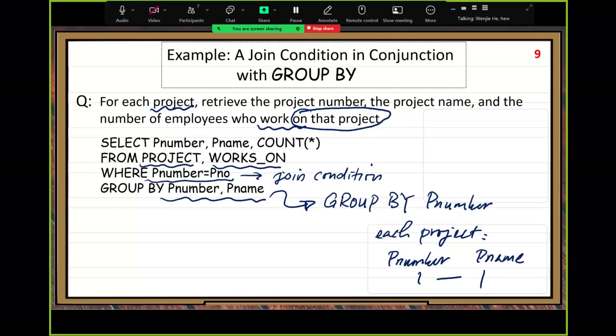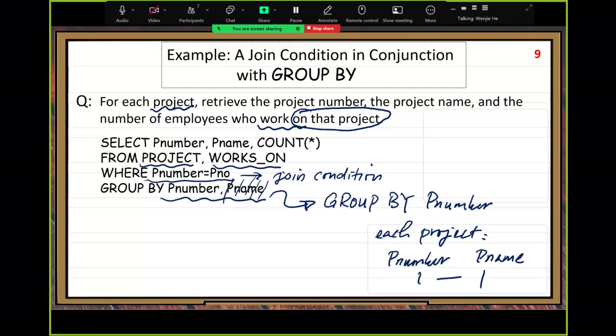Project number and the project name, there is one-to-one correspondence between these two attributes. So actually it's not necessary. Why do you use the second attribute? The second attribute does not narrow down.